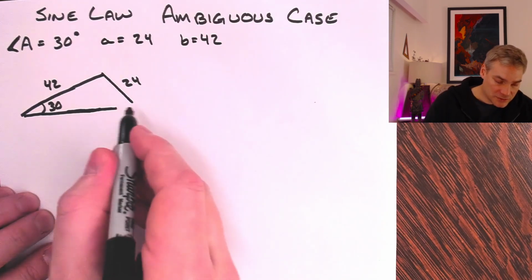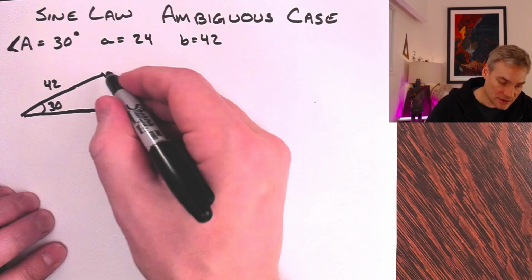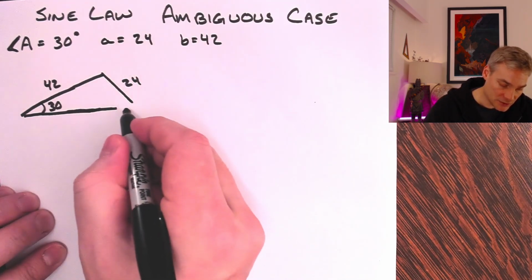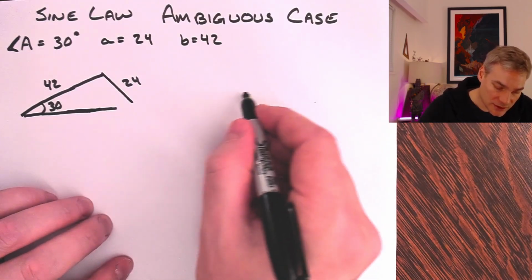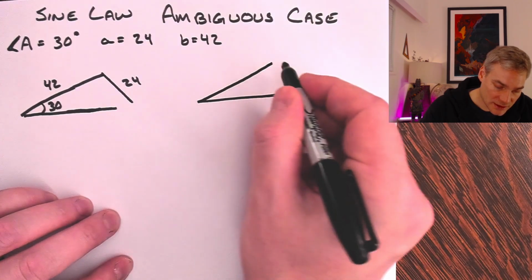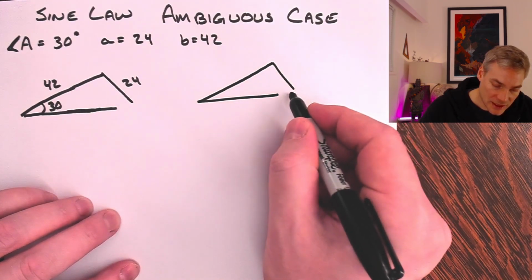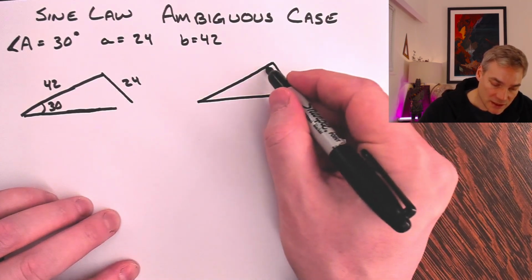So I don't know really how or where this is going to touch, right? Like this leg could touch it once. So let's draw another triangle here just to show it. So I could have something like this. And if I keep drawing that, it might touch it here, but this is for one angle.